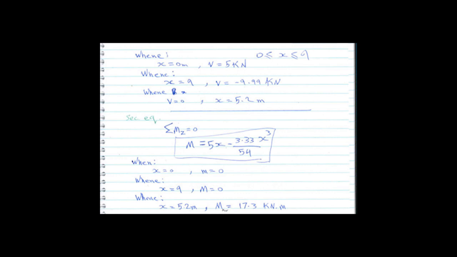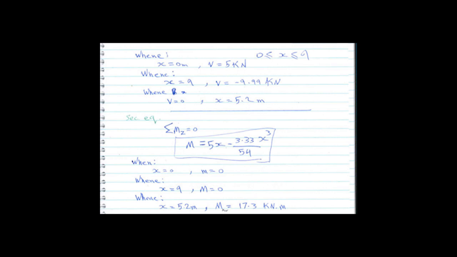After finding the first equation, I wanted to find M, which is the second equation we need for the bending moment diagram. I used the equation for the shear force: with x equals 0, M equals 0.